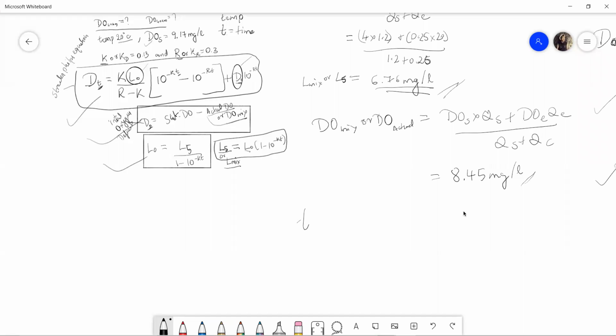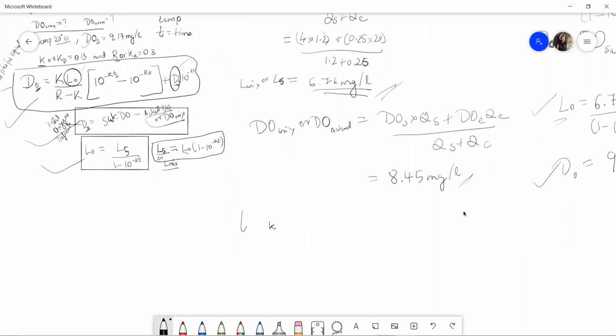So the time required for 20 kilometers distance. Distance is equal to velocity into time, so velocity is equal to distance by time.